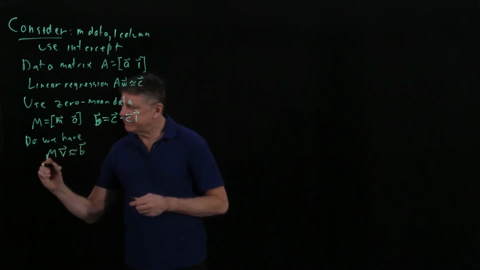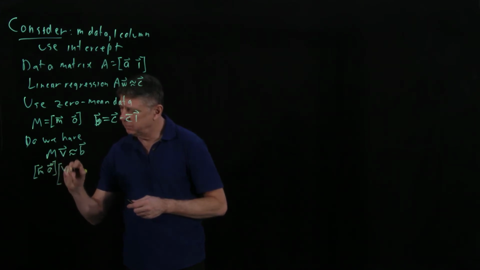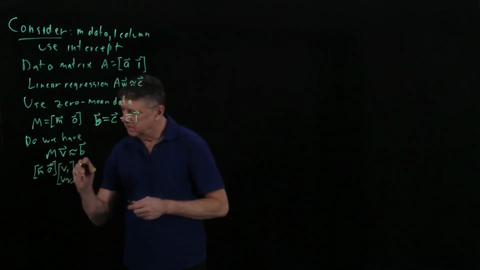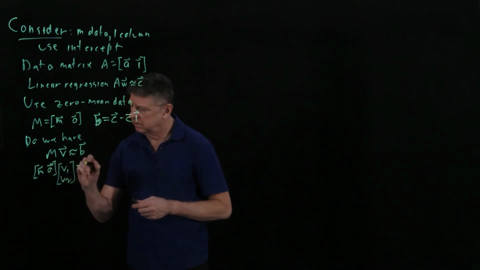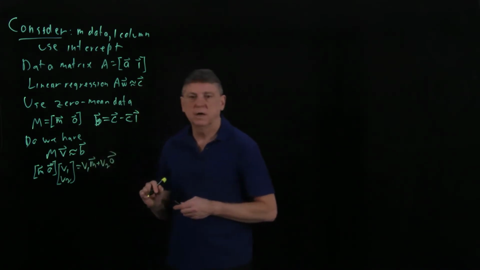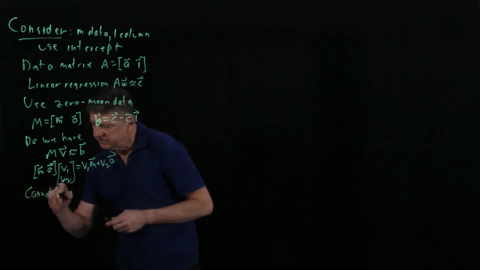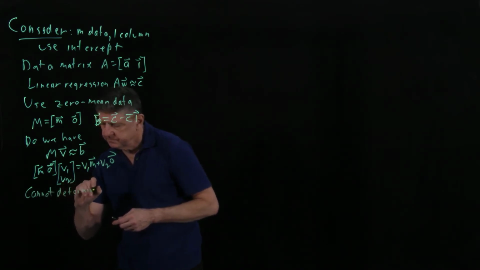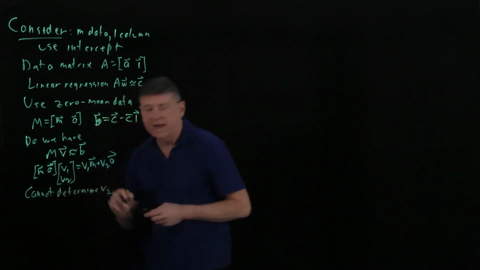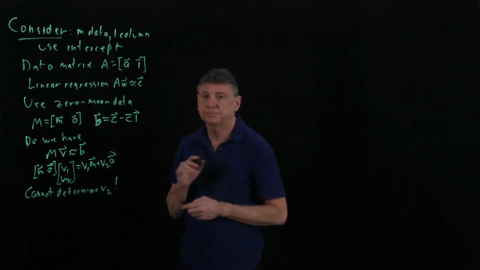Well, if I expand that out, that would be M times the 0 vector times V1, V2, and that would equal V1 times M plus V2 times 0, and we cannot determine V2. And we rarely do this. Let's put an exclamation point, because that's a big problem.